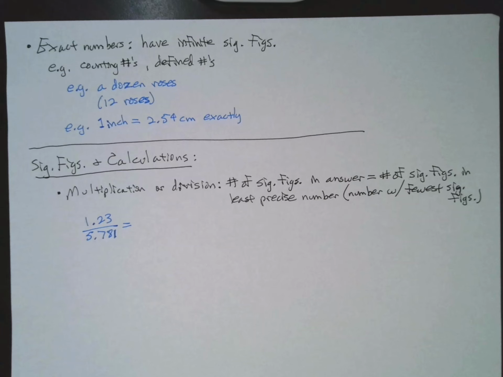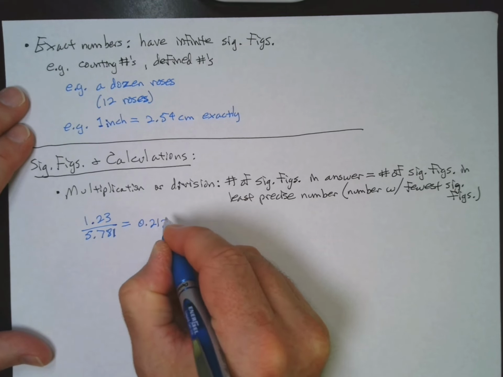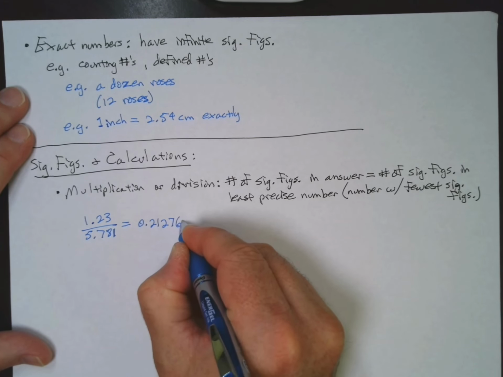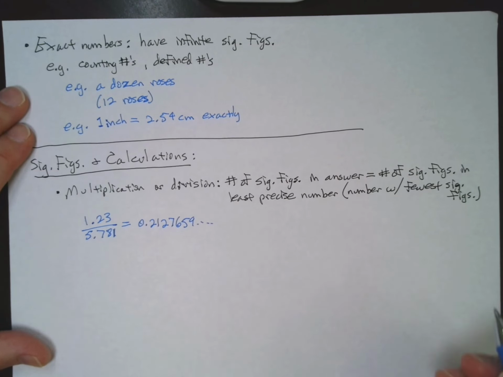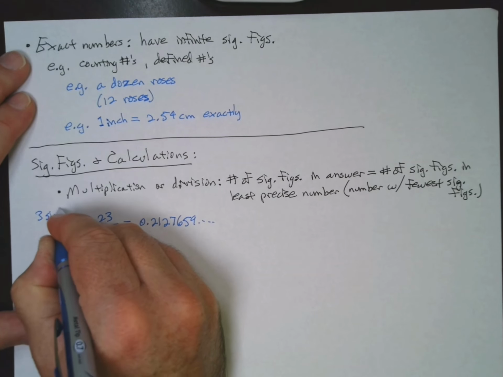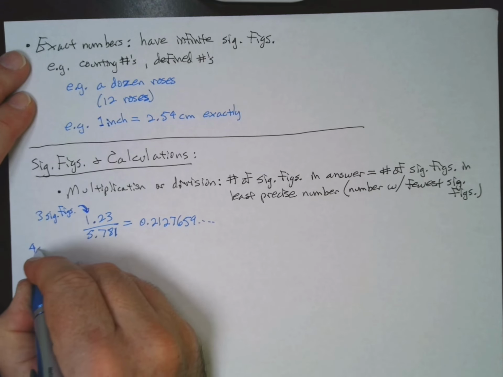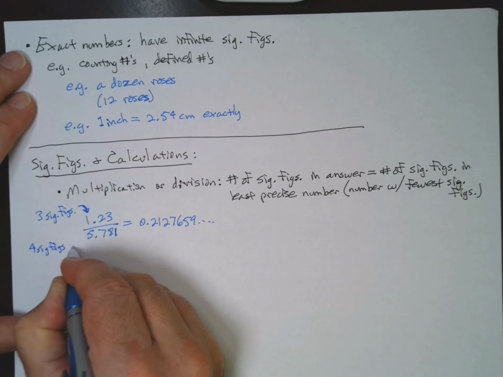There we go. And I don't happen to have my calculator present here, but I do have one on the computer, so let's give this a try. 1.23 divided by 5.781 gives me 0.212765, etc. Well, I've got 3 sig figs on the top and 4 sig figs on the bottom.